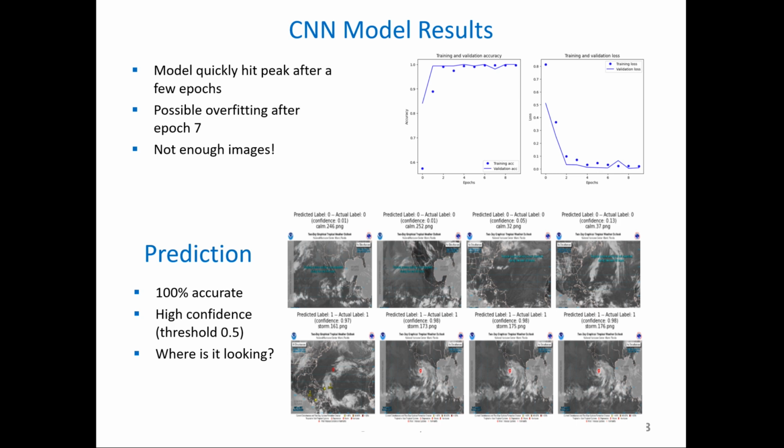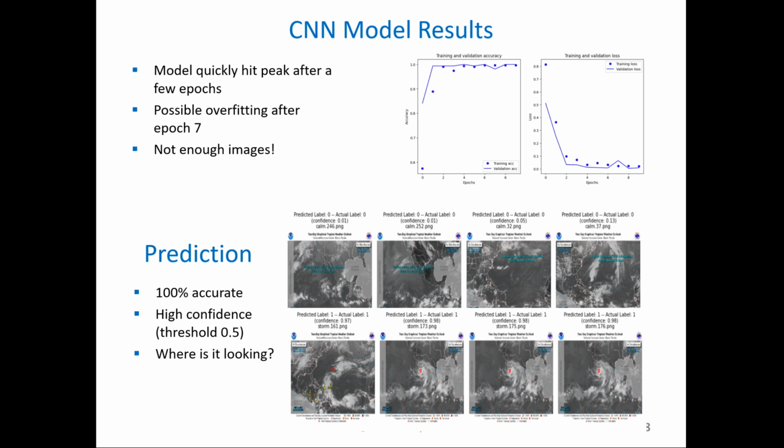When we fit the model, we saw that immediately it had high training and validation accuracy, and the loss was also very low, which is a good sign. Around 7 epochs, we saw that it started to overfit, which is a sign that we didn't really need a lot of epochs in there.